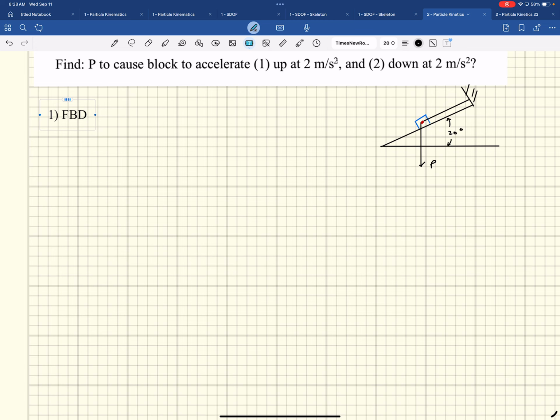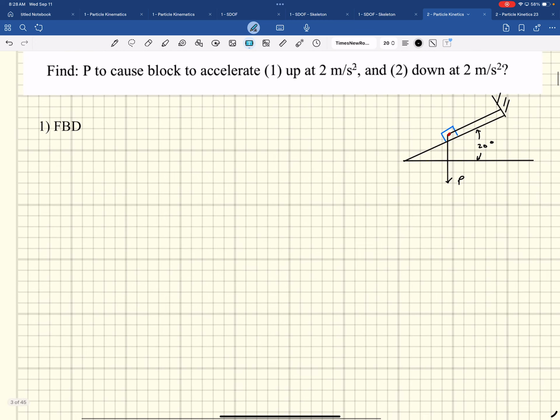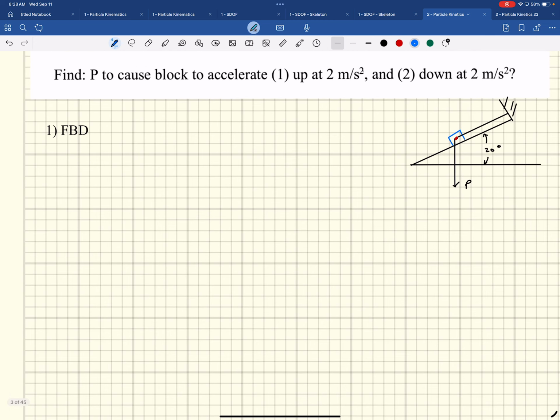FBD. Isolate our object. A lot more going on in this one. There's my object, isolated. Okay, what do I got for forces acting on this? You're the gravity guy.